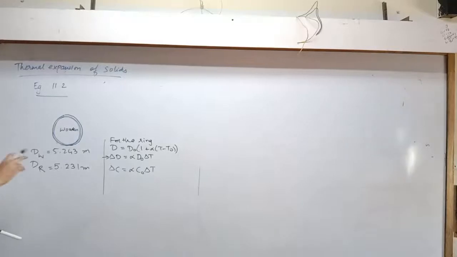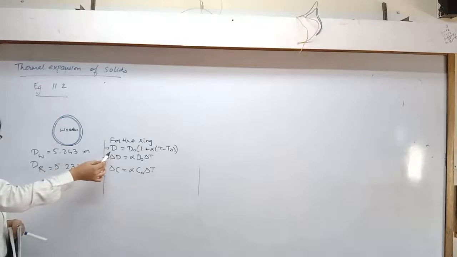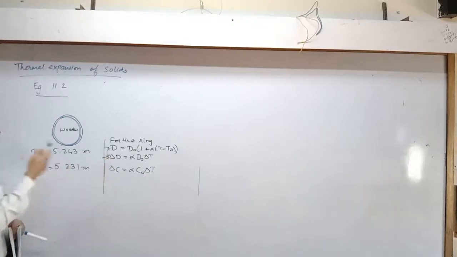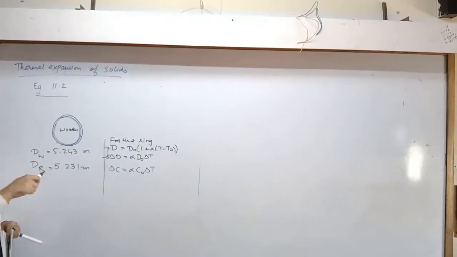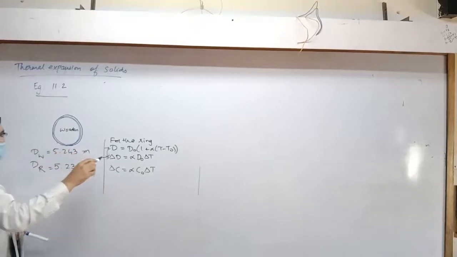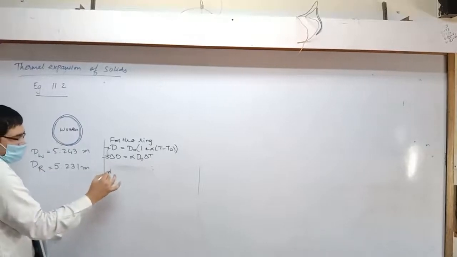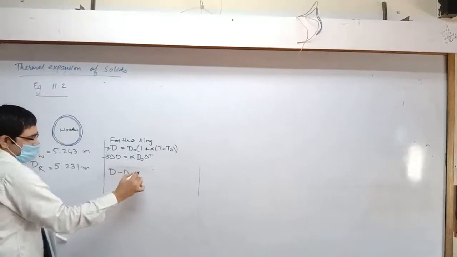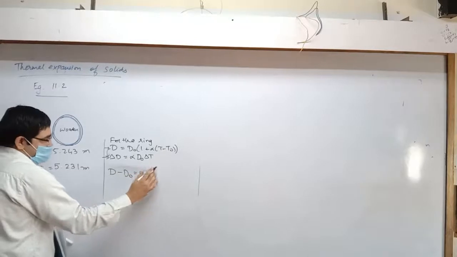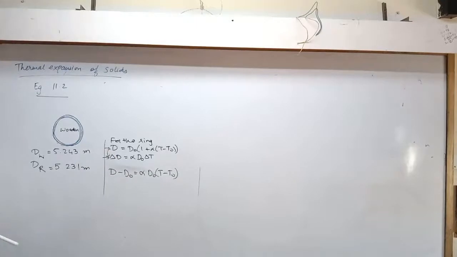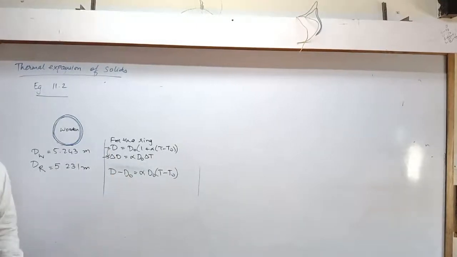Understood? So it would be used like this. What is this? We need to explain. Just as we derived this from that, you can do it in reverse. Instead of delta T, write T minus T0, and you get D minus D0 equal to alpha D0 (T minus T0). It's some basic math: basically putting D0 on the opposite side and then taking common.